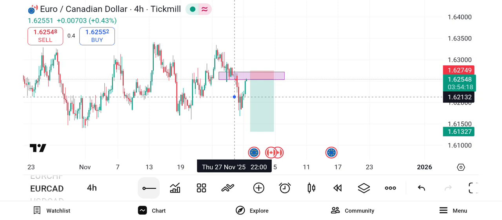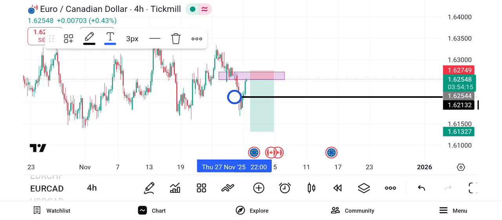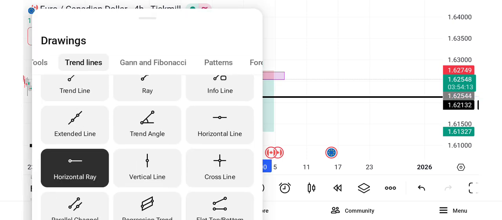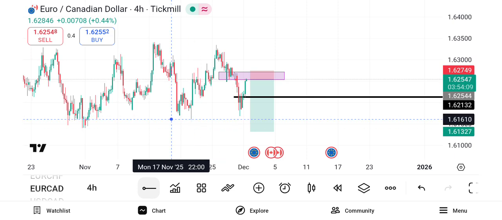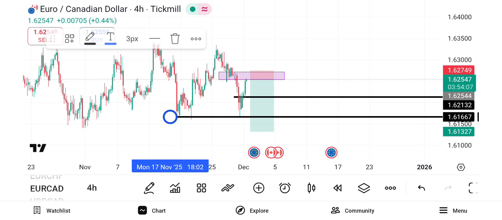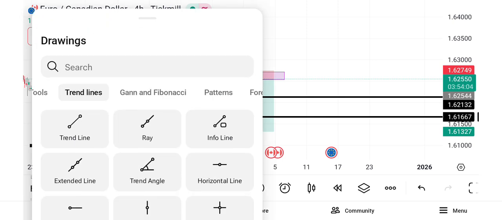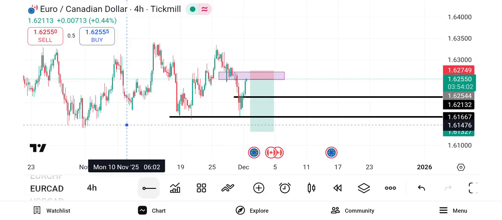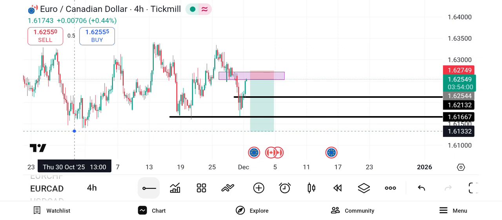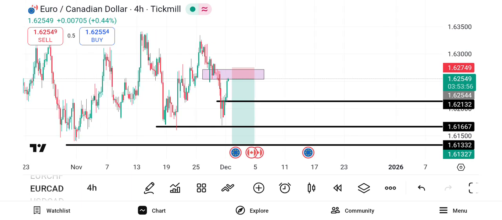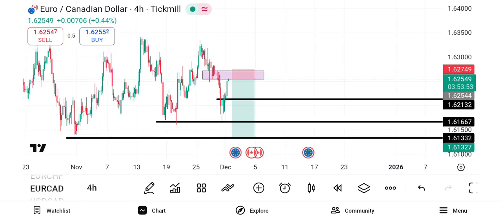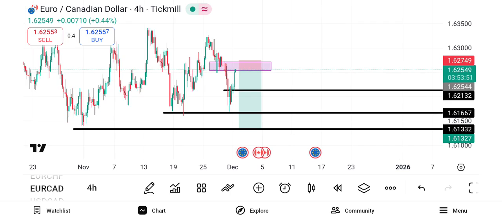We have our first take profit here, our second take profit around here, then our third take profit. Then we can still hold more down. So this is our take profits and our stop loss levels.